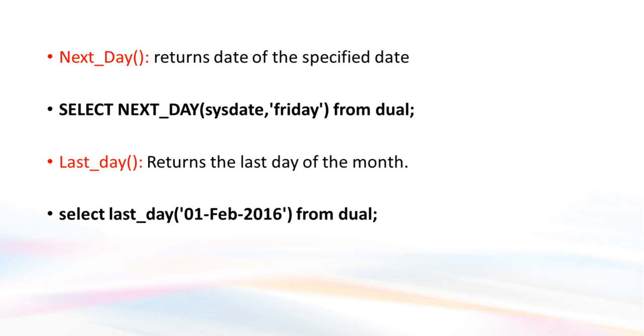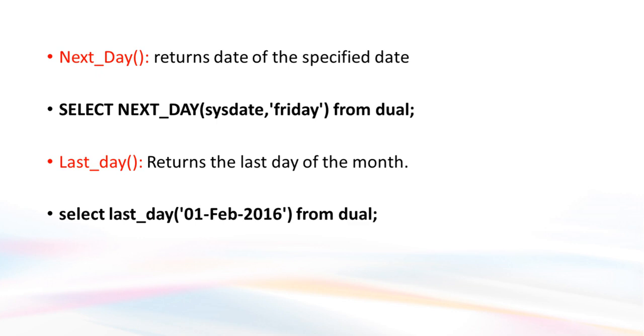Next coming Friday, what is the date? That will be printed. Okay. Similarly, last_day. If I provide a date, select last_day from dual, this will return the last day of the month. Last day of the month. So let us see, execute.